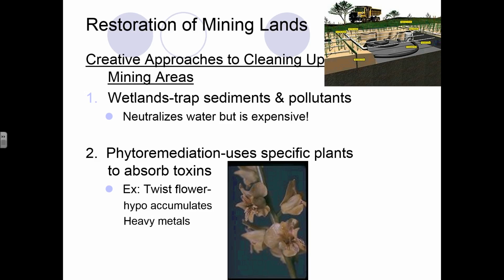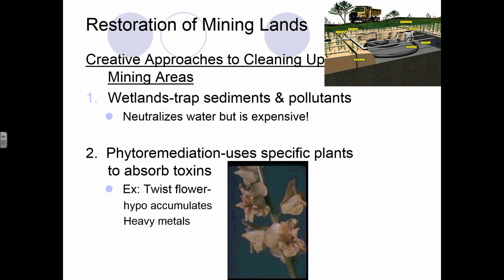But after the area has been cleaned up enough, to the point where soil scientists think it's reusable, then the plants will be removed and they can either be sent to a hazardous landfill, and we'll talk a little bit about those later on, or they can be incinerated. So we can use specific plants to remove some of these heavy metals from the soil. So it's pretty cool. Another creative approach versus just mechanical processes of removing the soil.